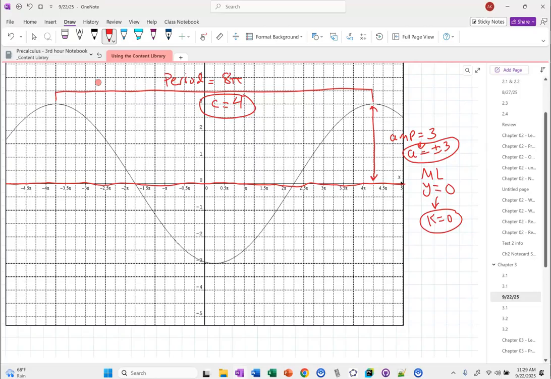That should kind of start it. All of that is just for both sine and cosine.